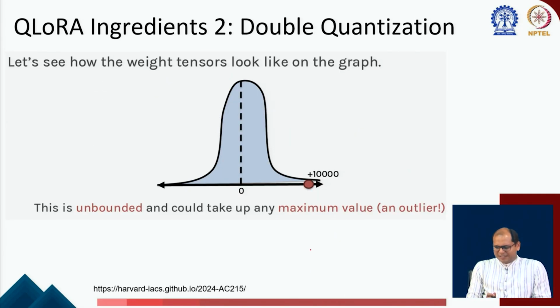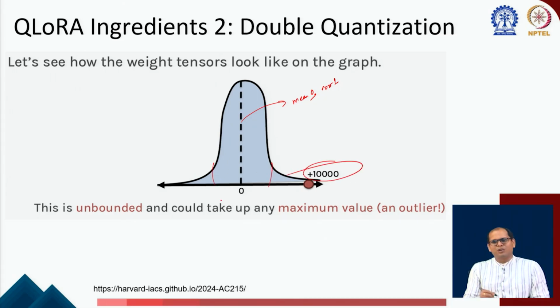There is no bound to the weights. The weights are around mean 0, variance 1, but some weights here and there can become very, very large. So maybe all the weights are in this region, but some weight somewhere has become like 10,000 plus.